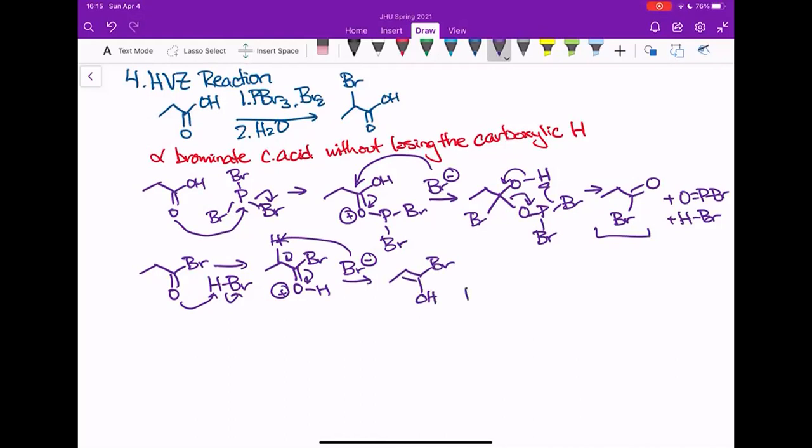And then again, you're going to send these electrons back down after you form this enol, in order to get that bromine position.